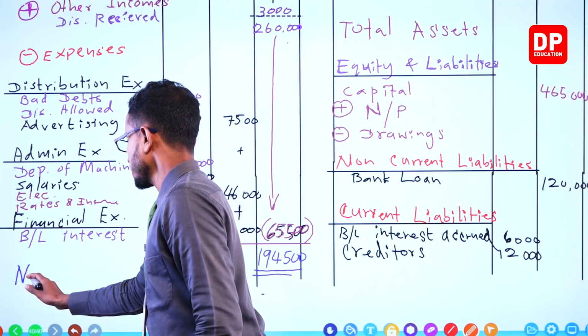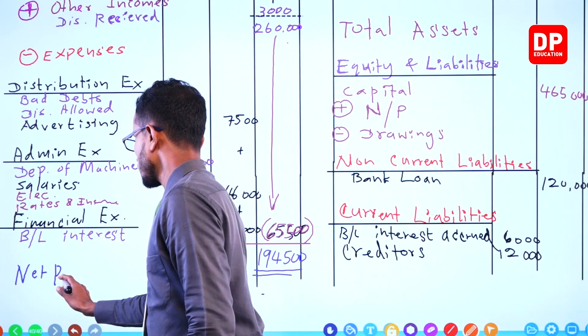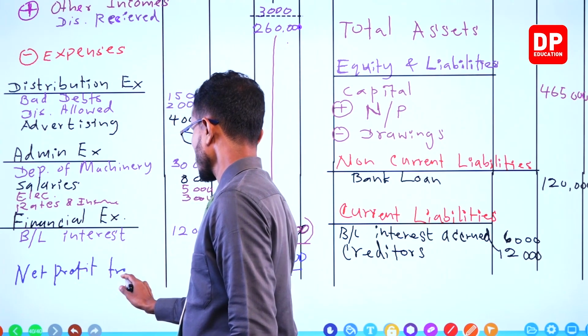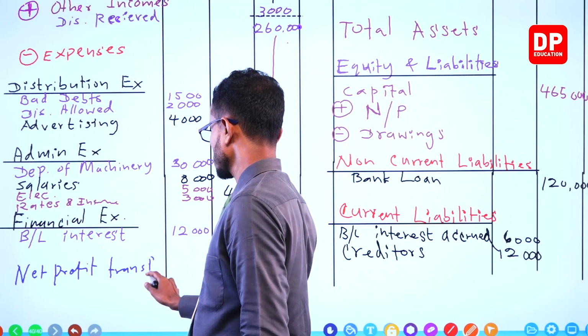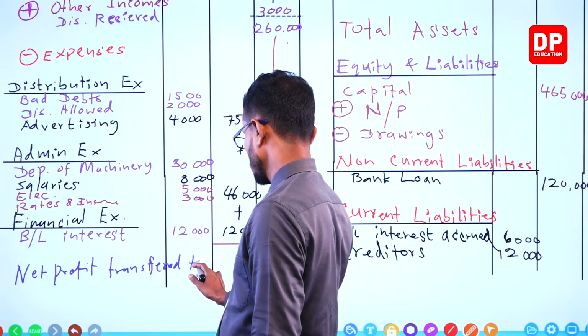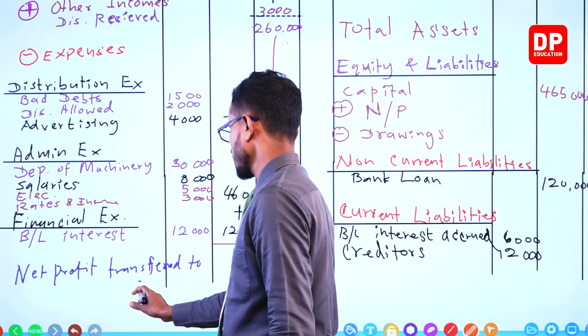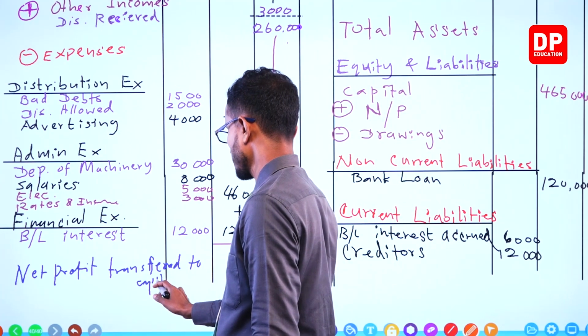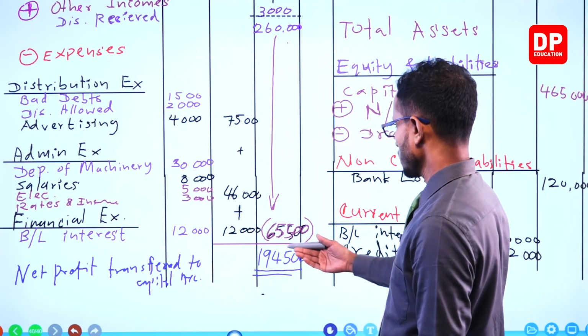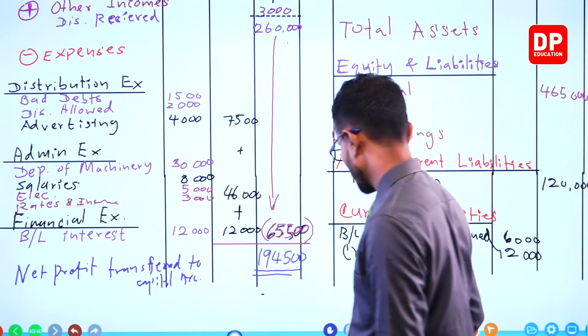You have to write net profit transferred to capital account. Transferred to capital, 194,500.